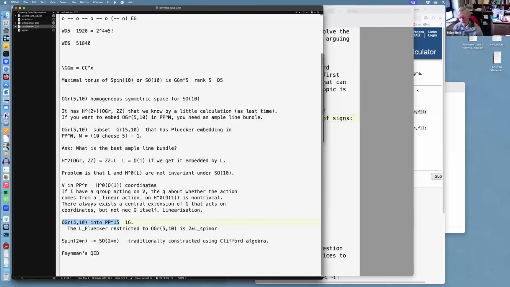And then if you work a little bit harder, which I haven't yet done, you will find a way of constructing the algebraic group Spin10, which is the double covering of SO10. I'll be doing the same thing for E6 in next Wednesday's lecture. And then the mathematics gets harder.